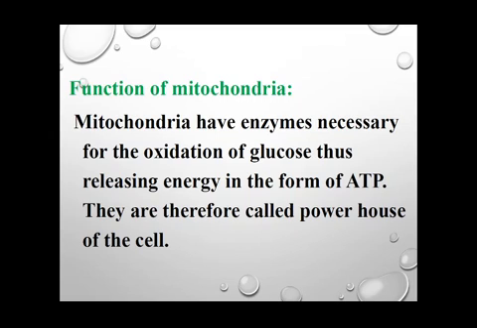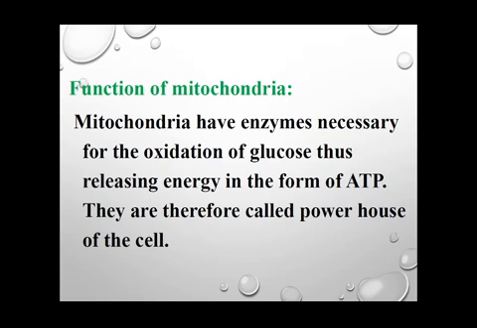So for now, you have to study that the mitochondria have enzymes which are necessary for the oxidation of glucose, and after the glucose gets oxidized, it releases energy. Now this energy is stored in the mitochondria in the form of ATP.